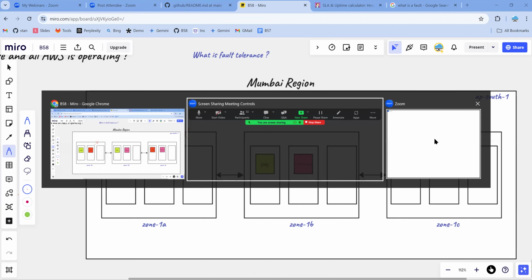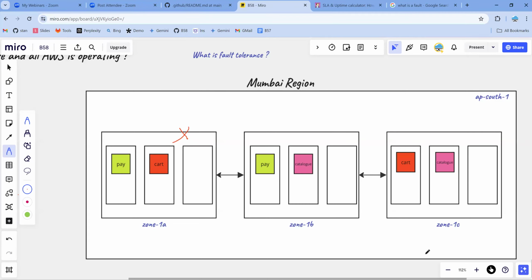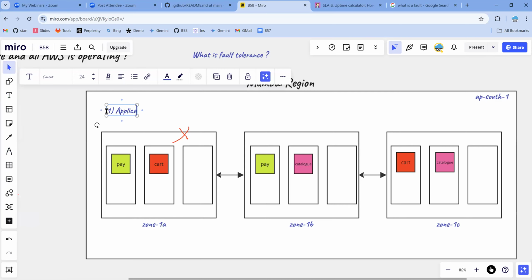All right. So the results are quite interesting. 86%, that means nearly 90% of the people responded that the application will work. This is quite interesting. Yes, because there are 2 more instances running. That means this application is tolerant to one zone failure.